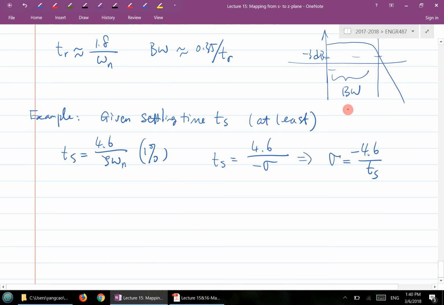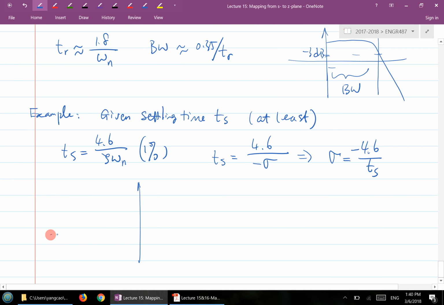And what does that basically mean? Let's say, based on this simple calculation, you find sigma equal to this much. Let's say you find sigma equal to -2 or whatever, right? Sigma is over here.